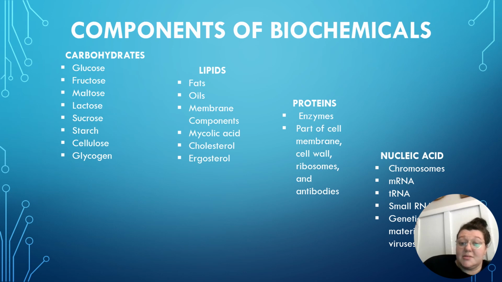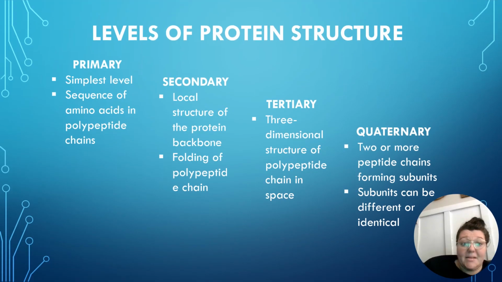The nucleic acid is where chromosomes, mRNA, tRNA, small RNA, and genetic material for viruses come in. So these are all your components of biochemicals.